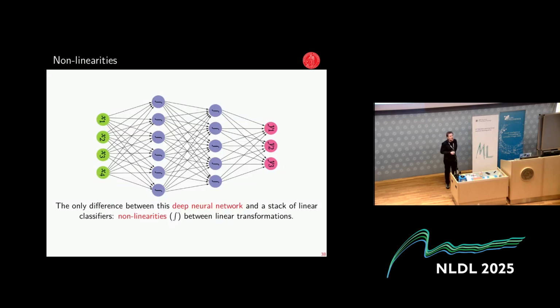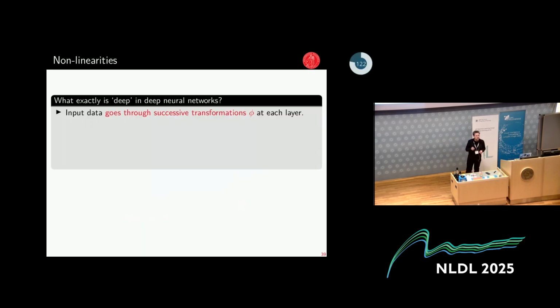Right, so this plot shows a deep neural network. And the only difference between this deep neural network and the stack of linear classifiers are non-linearities between linear transformations. So once we add non-linear transformations, we are now in the realm of real deep learning, right? Just to sum it up, the input data in deep neural networks goes through successive transformations at each layer.